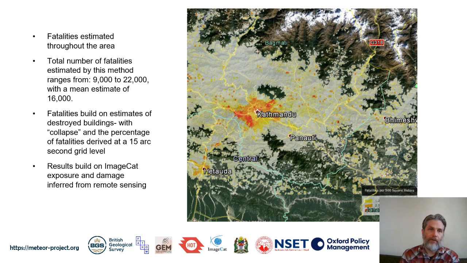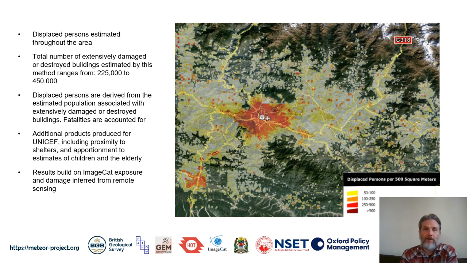We were able to estimate the number of collapsed buildings. We were able to use remote sensing data to find damage and use that to adjust the hazard, which at that point was not realistic. The estimate of the hazard was not realistic for the event.